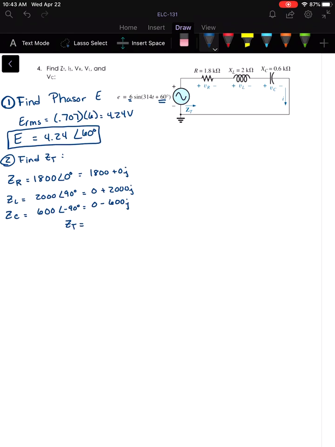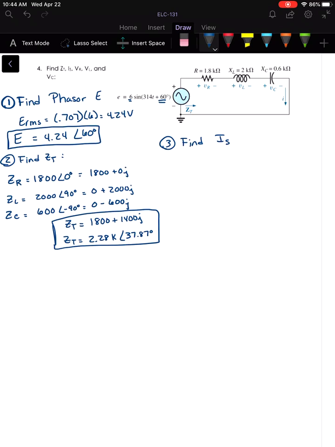So to find ZT, I could plug in the polar form number, or I could just do the sum in rectangular form, which would be 1800 plus 1400J. And that means ZT would be 2.28 kiloohms at 37.87 degrees. If I'm using the polar form, you can use either form that you want to use.